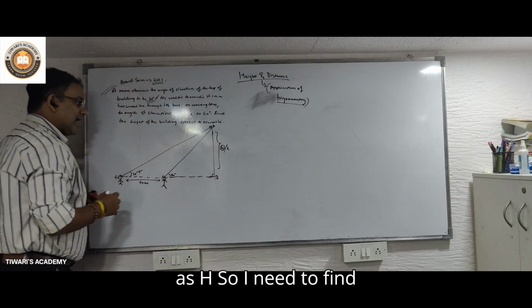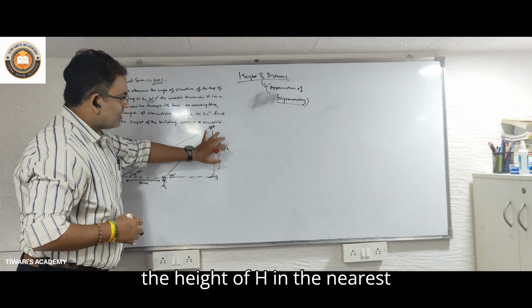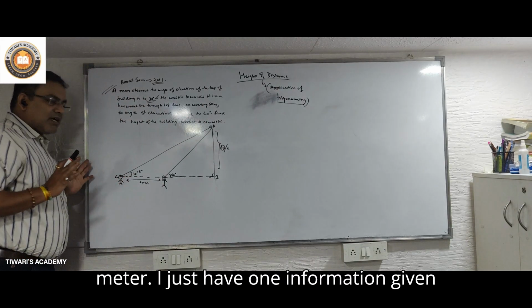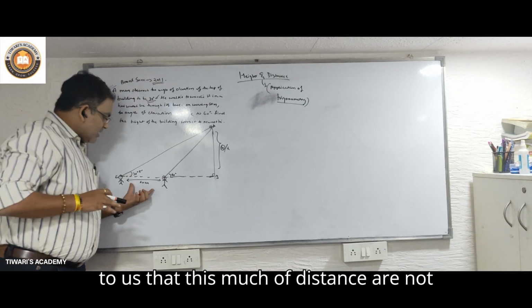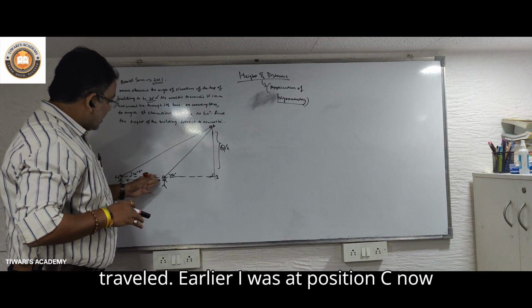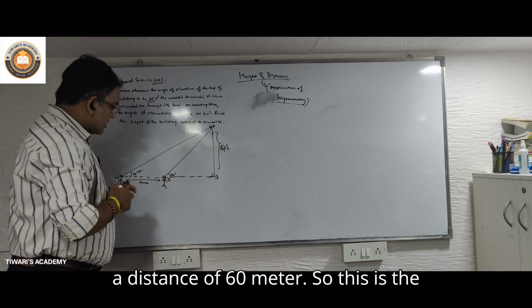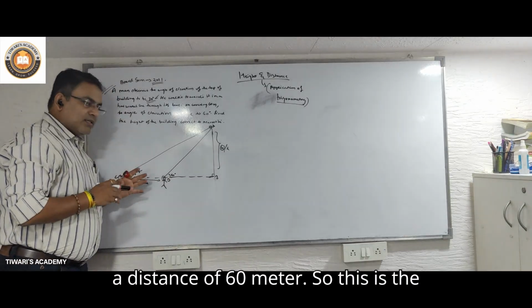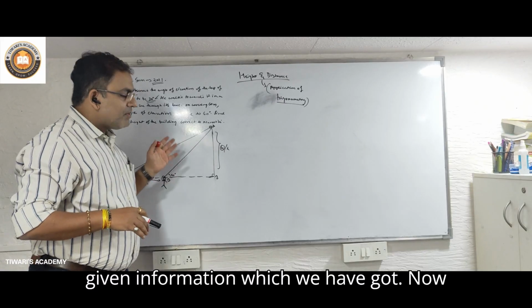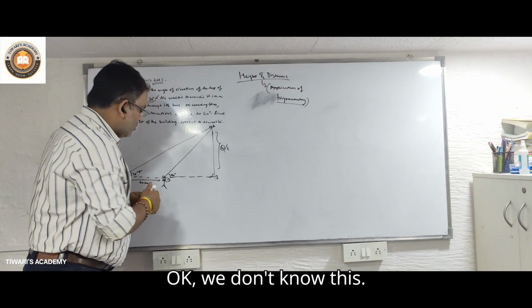Let's assume it as h. I need to find the height h to the nearest meter. I have just one piece of information given to us: this much distance I have traveled. Earlier I was at position C. Now I have come to position D after traveling a distance of 60 meters. This is the given information which we have got. Now we have to find this height value. We don't know this.